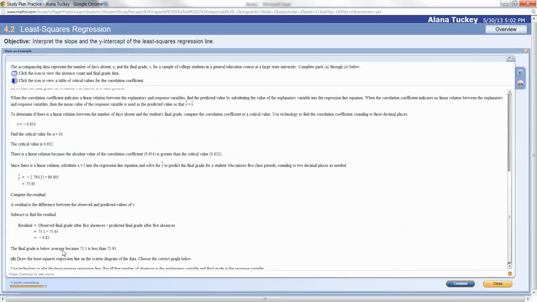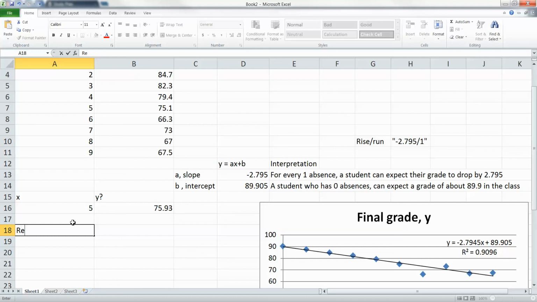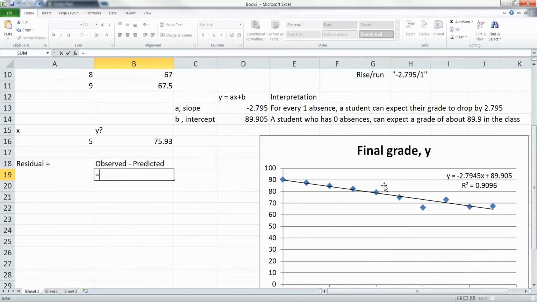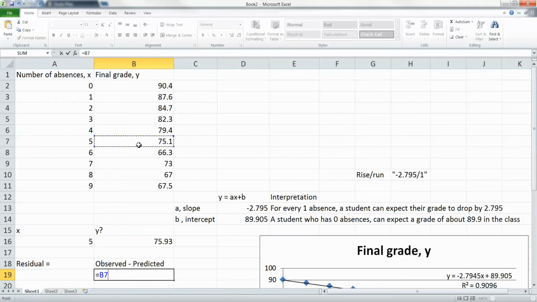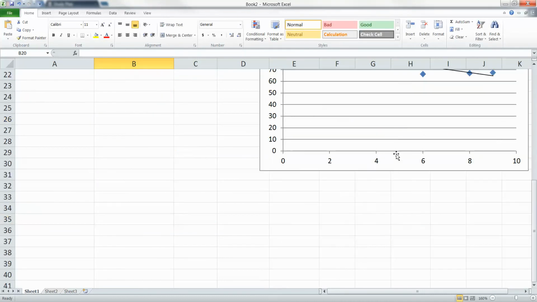That's the difference between what we expected to happen and what we actually observed. Residual is equal to observed minus predicted. So that's what we observed in real life for 5 absences, which was 75.1, take away what we predicted from the line, which is 75.93.